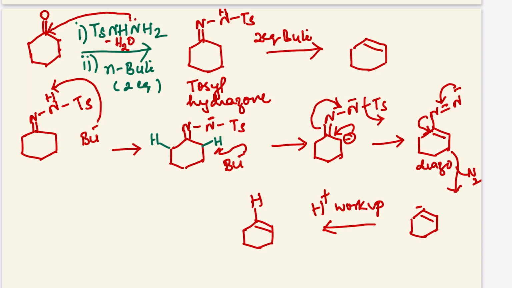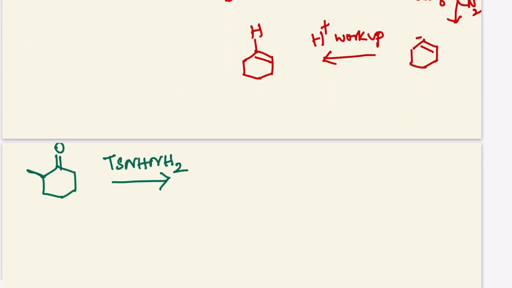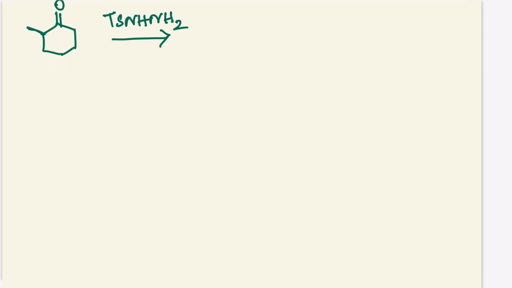The point to be remembered here is that the alpha hydrogen is abstracted from the less substituted side. In this case there are two alpha hydrogens but both are identical. So let us take the example where the cyclohexanone is substituted. Here we have a methyl group on the cyclohexanone.